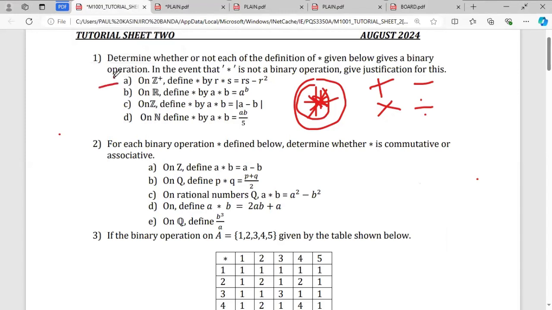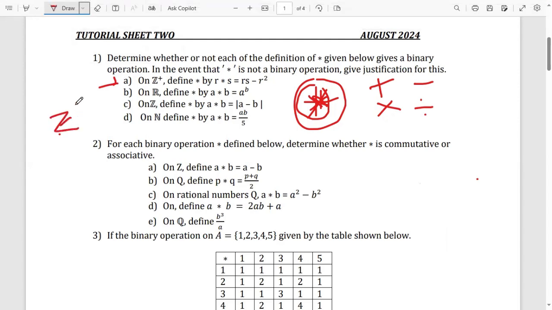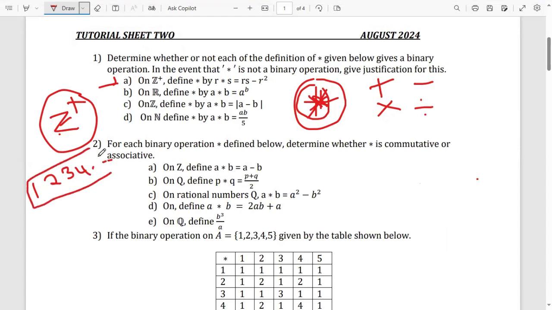So they're saying a set of Z plus. Z plus indicates the set of positive integers. We know the positive integers are just 1, 2, 3, 4, and so on forever. You don't expect any fraction here because these are integers, the numbers on the number line, but only the positive ones.